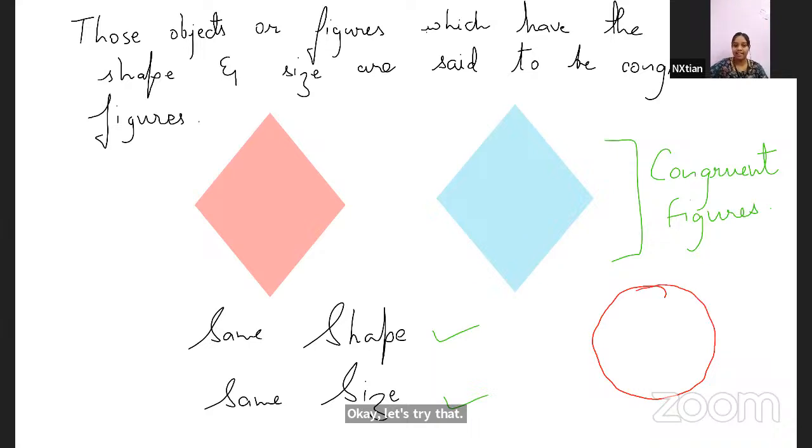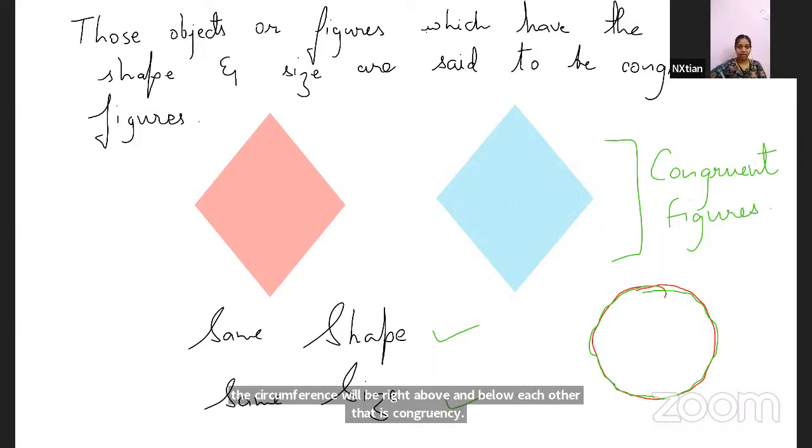I have a circle, and exactly on that circle will be another circle, placed exactly on that circle, covering the entire surface, and nothing will come out of the circumference. Both the circumferences will be right above and below each other. That is congruency. Same shape and same size.